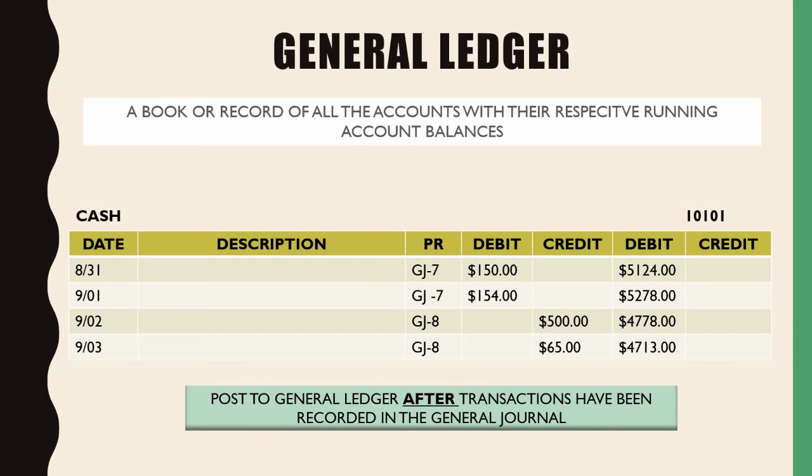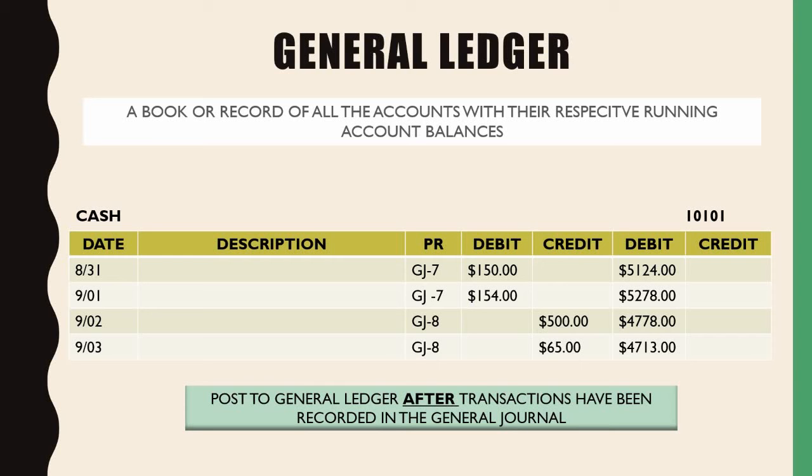So let me talk to you about what the general ledger does. Because the general ledger is another book, but this time this book has a list of every single account that's on your chart of accounts, and what it does is it gives you your respective account balances. Okay?